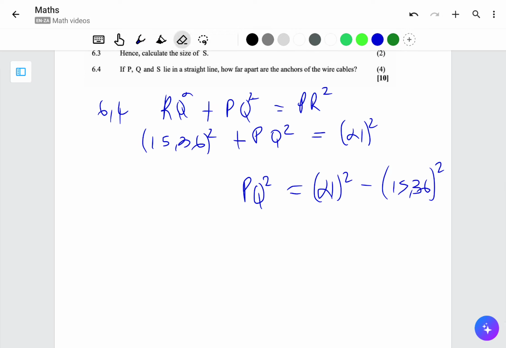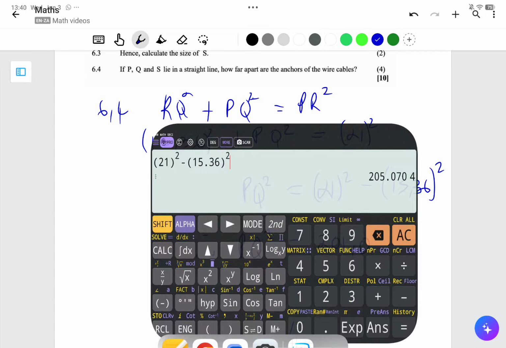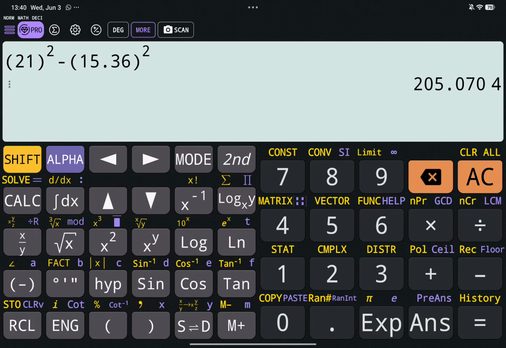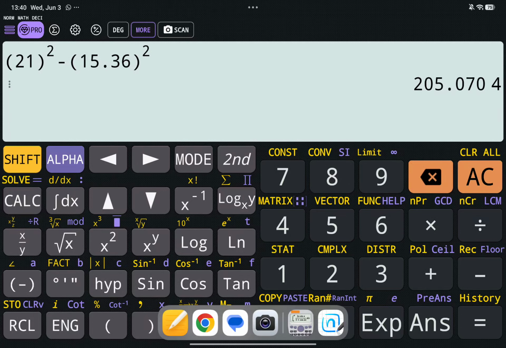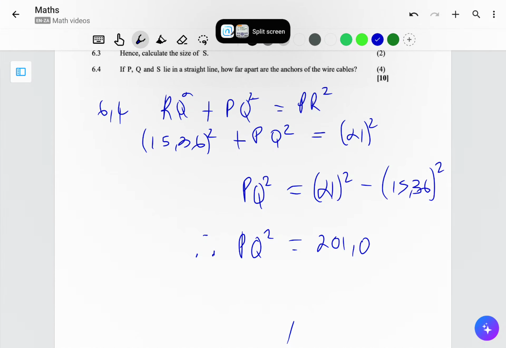So we can now say that therefore PQ squared equals 205.0704.